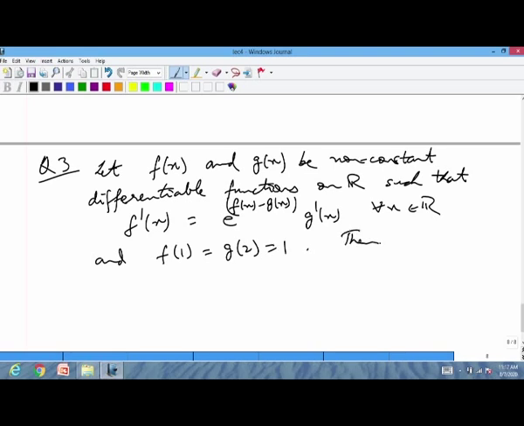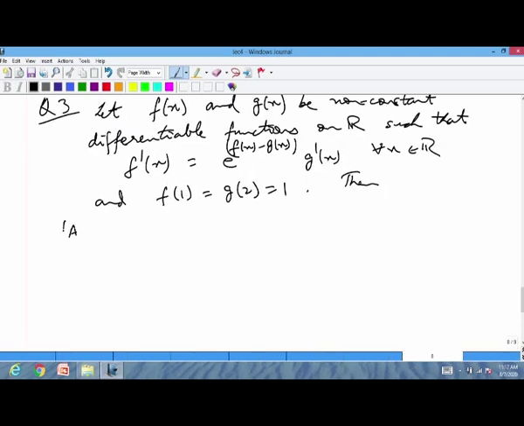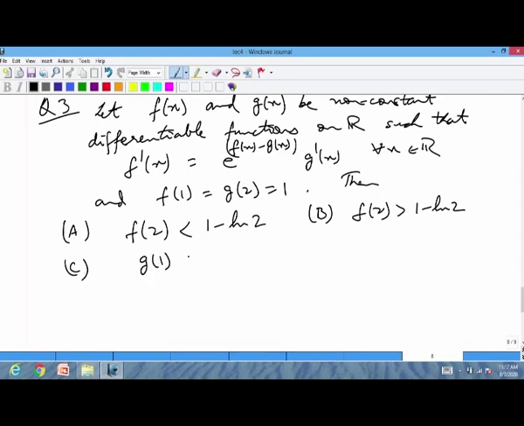Then, a: f of 2 is less than 1 minus natural log of 2, b: f of 2 is bigger than 1 minus log 2, c: g of 1 is bigger than 1 minus log 2, and d: g of 1 is less than 1 minus log 2.